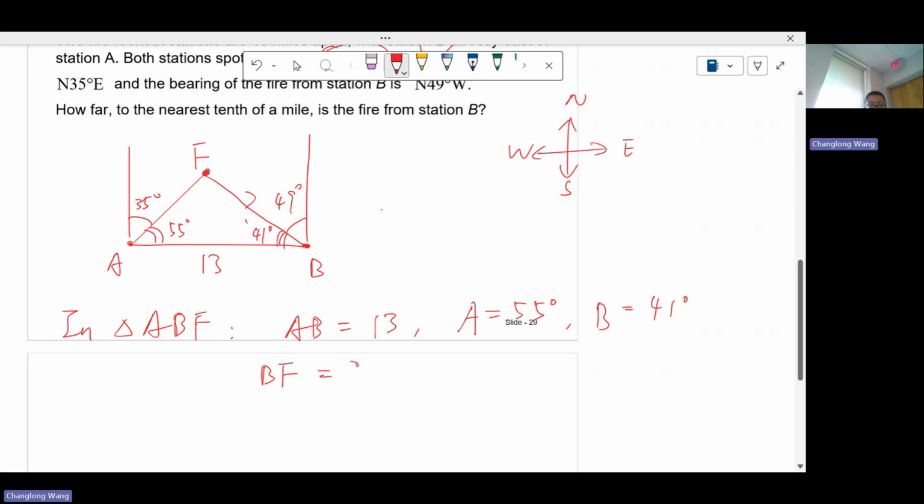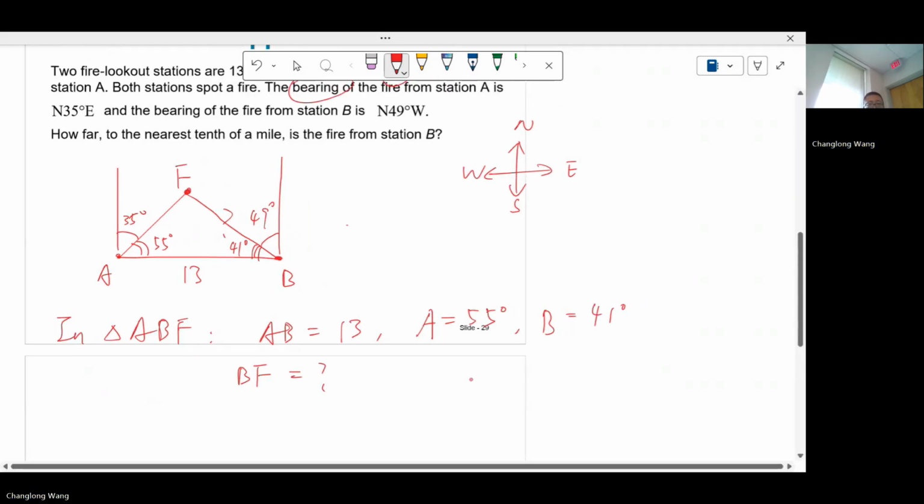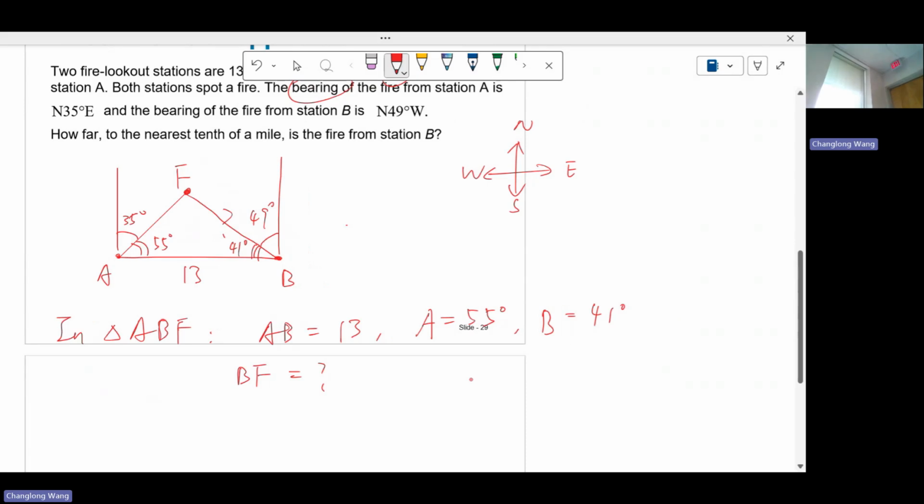BF. So now what we need is the law of sines. You notice that the law of sines is in a pattern that you always take the side divided by the sine of the corresponding angle. So I need the BF, and I do know the corresponding angle, 55.